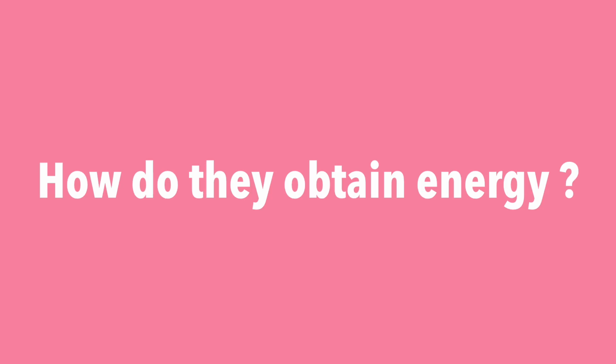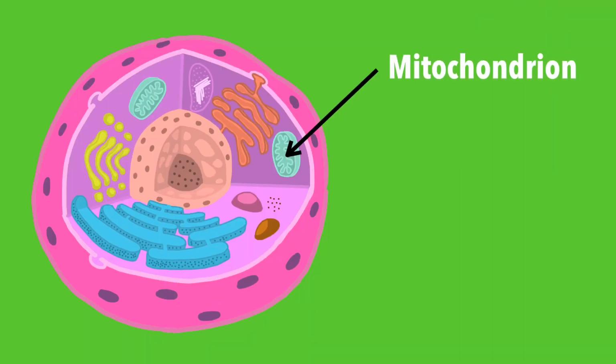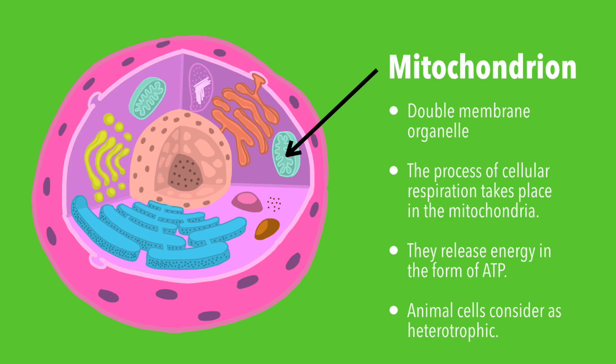So, up to now, you learned about lots of functions of the animal cell. Did you think how they obtain energy to maintain their metabolic activities? Therefore, cells definitely need a powerhouse. That is mitochondria. Mitochondria is a double membrane organelle. The process of cellular respiration takes place in the mitochondria.